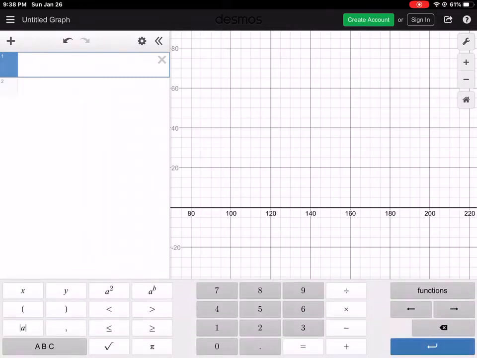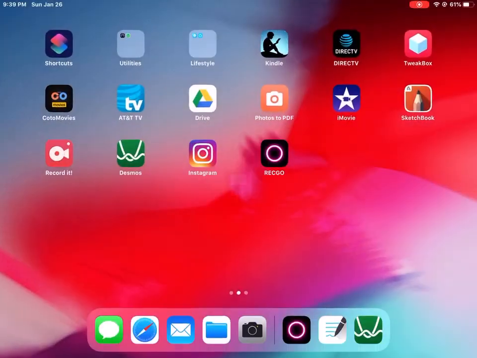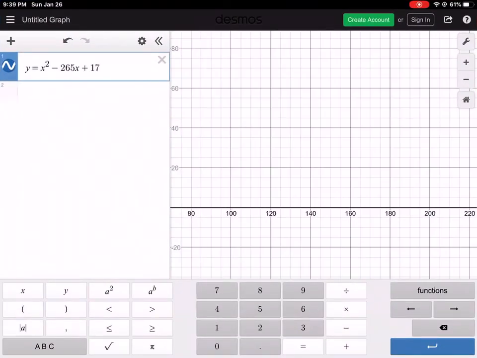I tried graphing it as the factored form. It didn't give me anything that was useful. So y equals x squared minus 265x plus 17,422.4.